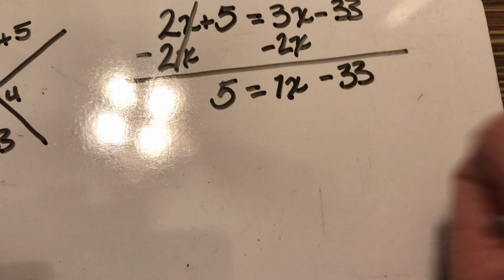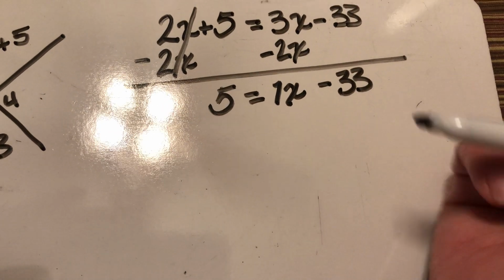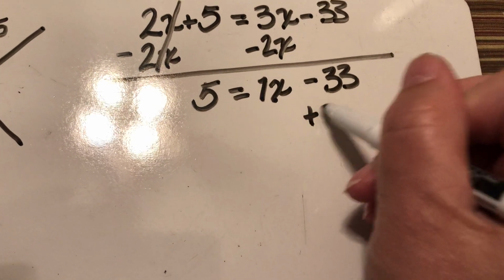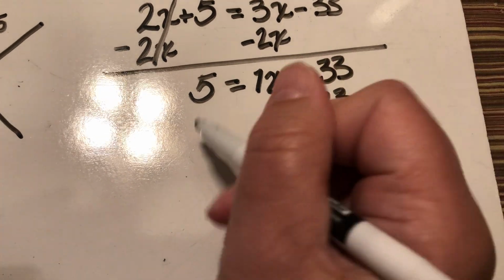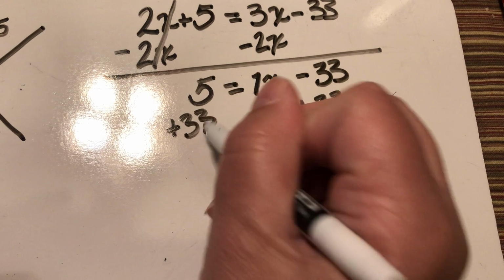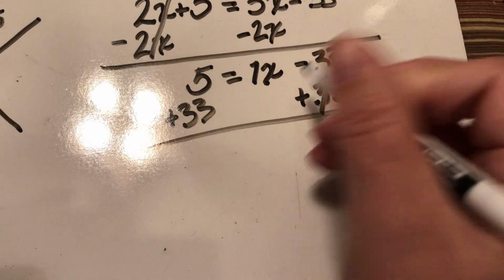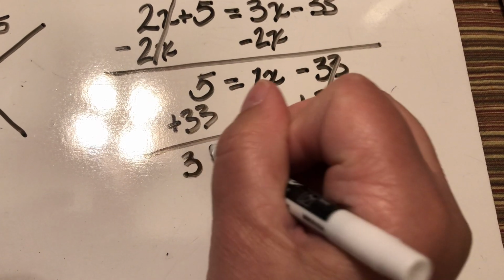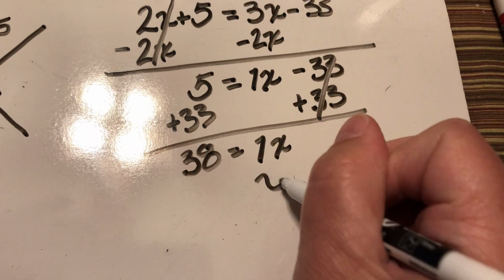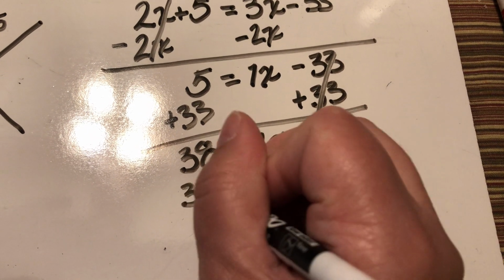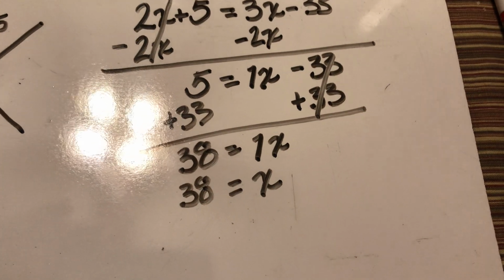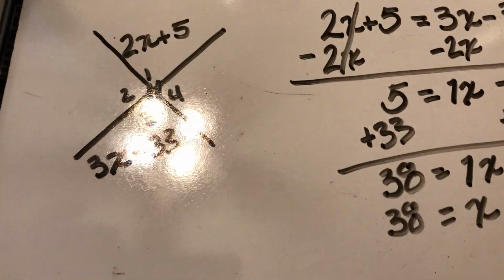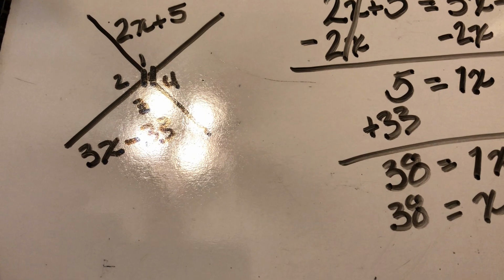Now, this is just like everything else we've done. Two-step equation. We're going to add 33 because we're doing the inverse operation. And we get 1x equals 38. Or in other words, x equals 38. Okay, but that does not tell me what the angle measures are.